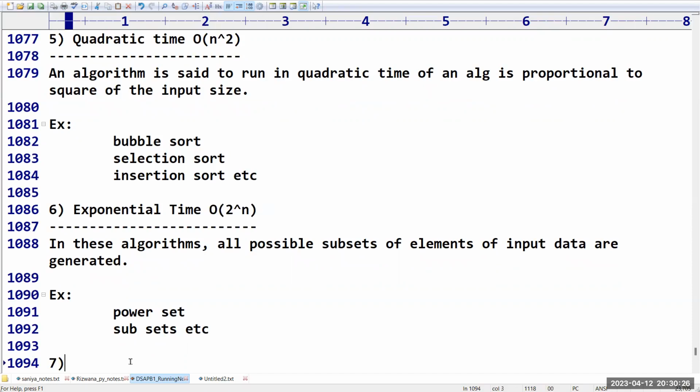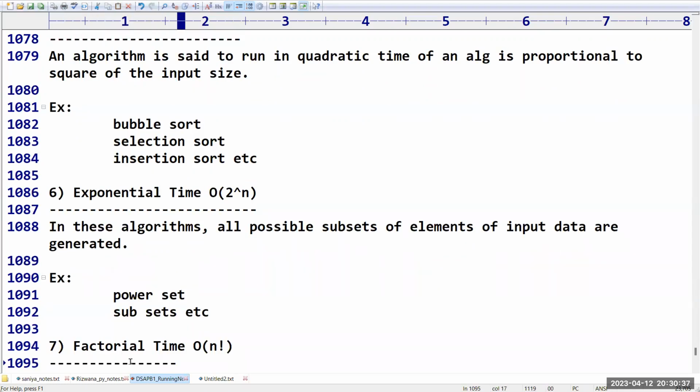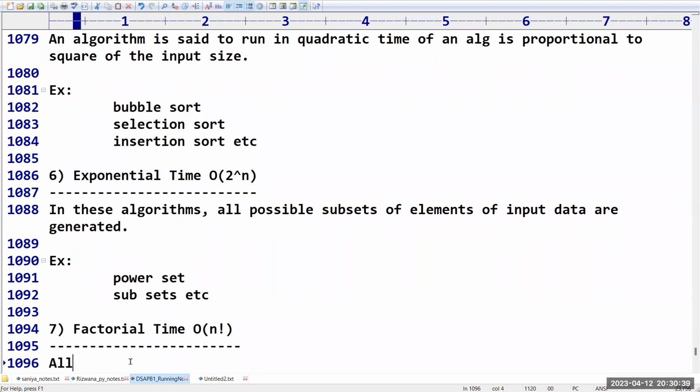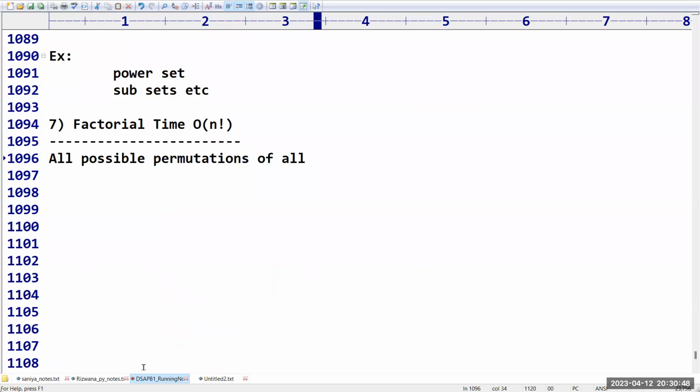And the last measurement is factorial time. We can represent it as big O of n factorial. Here, wherever permutations are there, we are going to use factorial time.